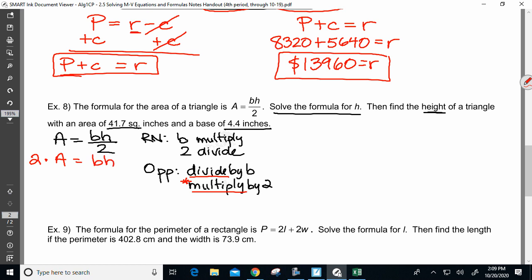Anytime we can get rid of a fraction, we're going to do it. So 2A equals B times H. Then we divide by B. That gives you 2A over B equals H.